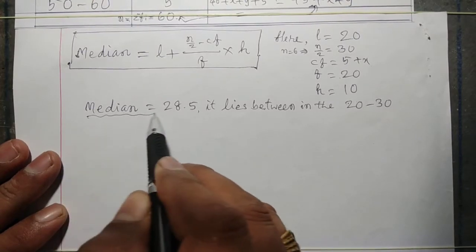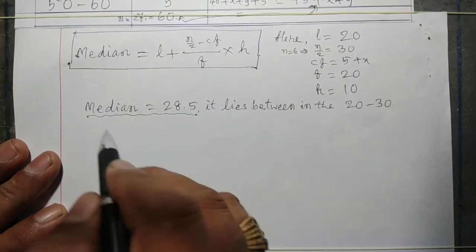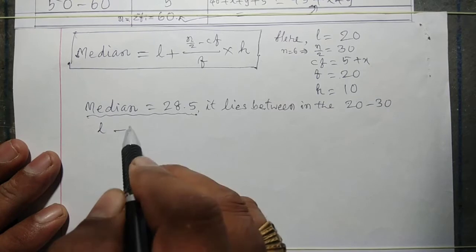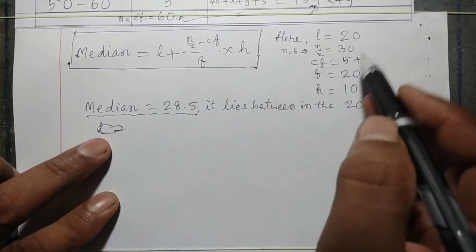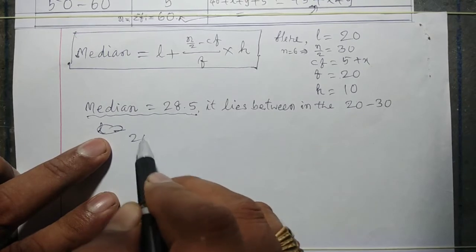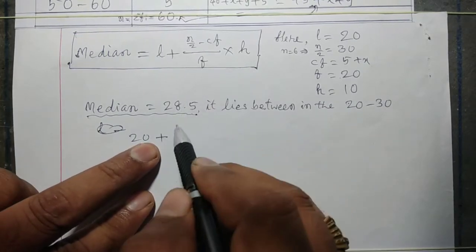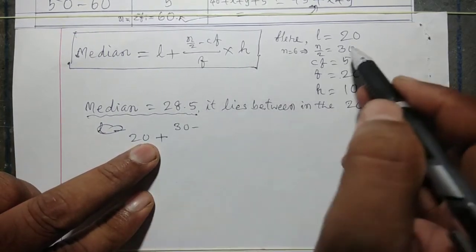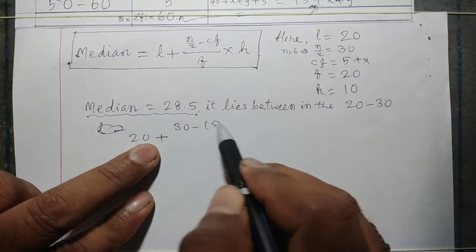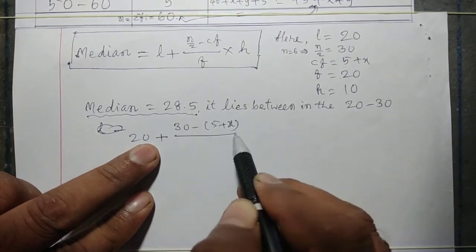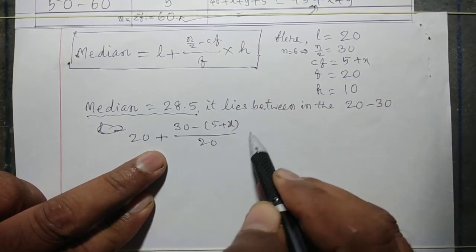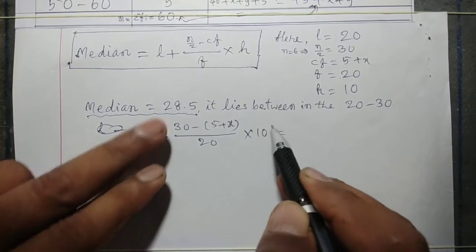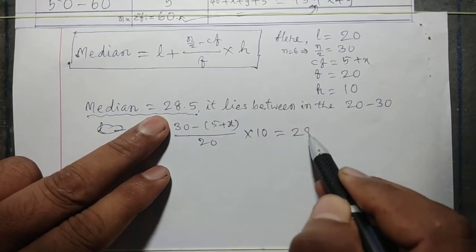The median is given as 28.5. So L plus, we have to substitute the values directly: 20 plus (n by 2, 30, minus cumulative frequency 5 plus x) by small f 20, into 10, is equal to the given 28.5.